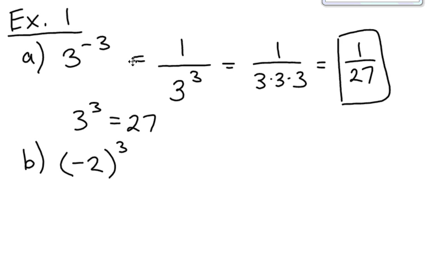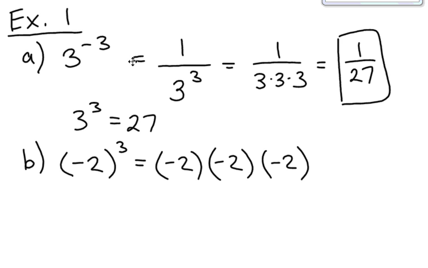Second example is negative 2, and be careful, that's in parentheses, cubed. Notice here that the exponent is actually positive. What I did here is I made the number at the bottom negative. What negative 2 cubed means is negative 2 times itself 3 times. You have to be very careful with the negative because you have to cube the negative as well.